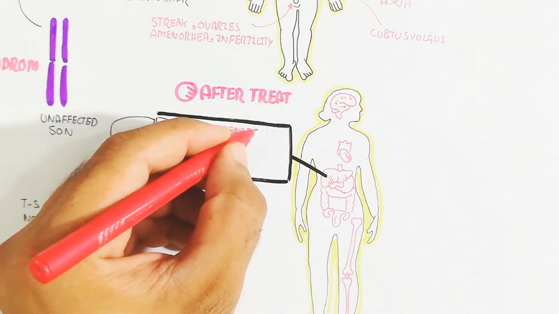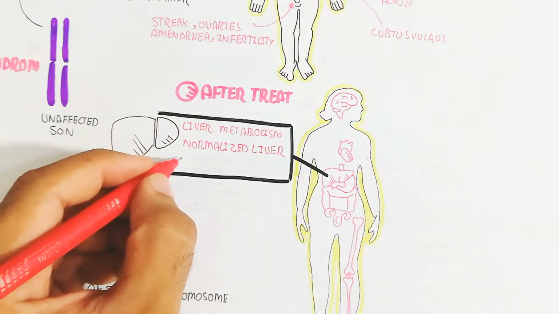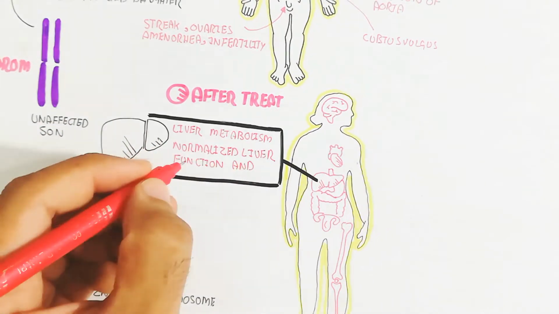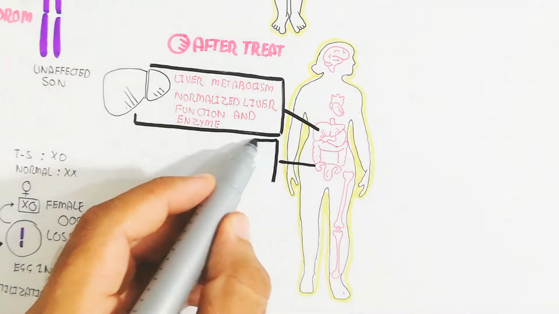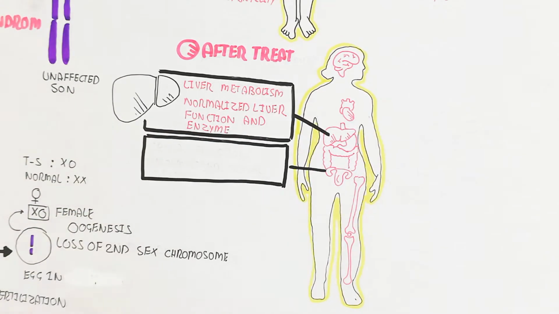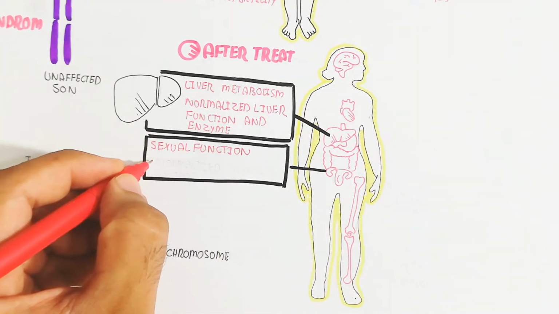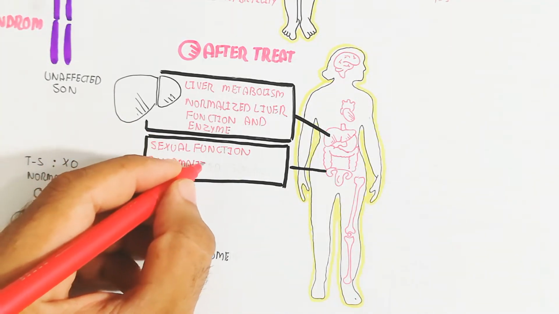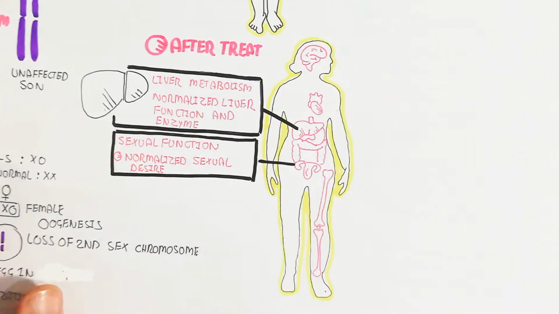In this way, liver metabolism will be normalized, liver function and enzyme production. Everything will be okay, and sexual function and sexual desire will be normalized. On the other hand, we will also discuss the brain and central nervous system.